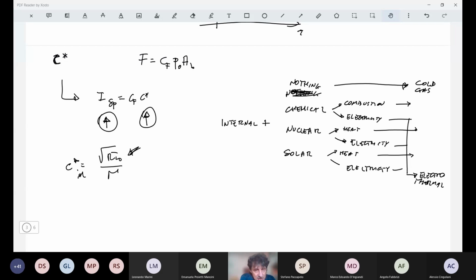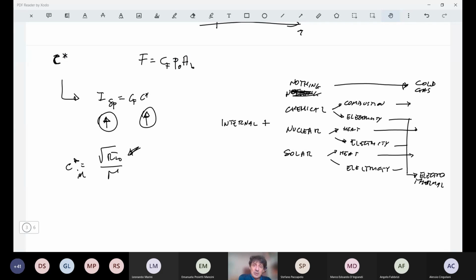In fact, what is important is that in this case, you do not have to realize external devices to heat the propellant. Whereas this is the case for solar thermal rocket, nuclear thermal rocket with external heating, and also electrothermal rockets.